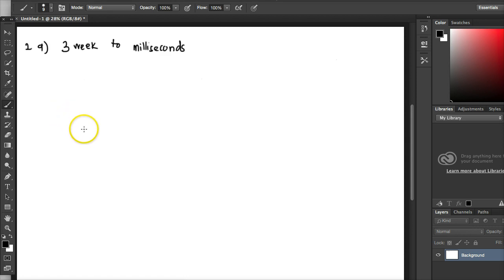This is question 2A, and it wants us to convert 3 weeks to milliseconds. So it's just time here. Let's get started. 3 weeks is equal to, 7 days is equal to 1 week.